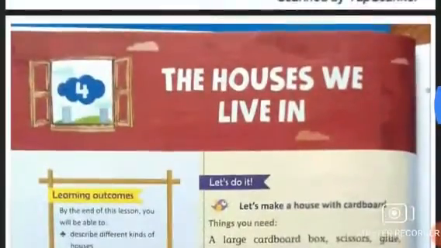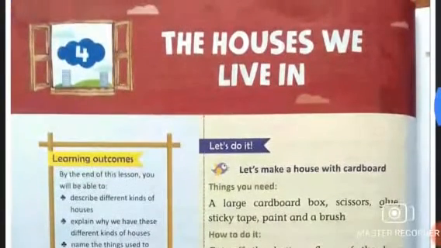Okay students, firstly we will revise our chapter.